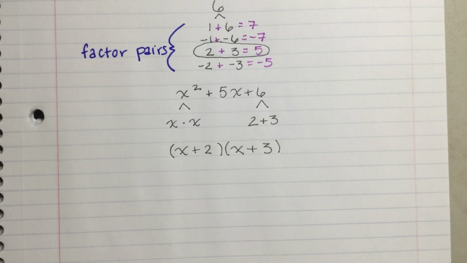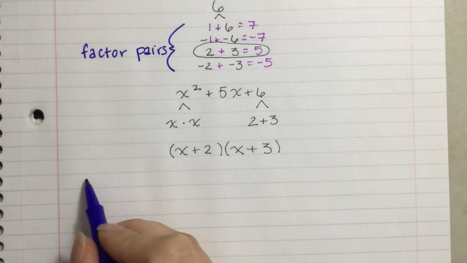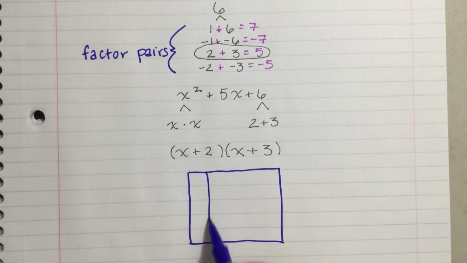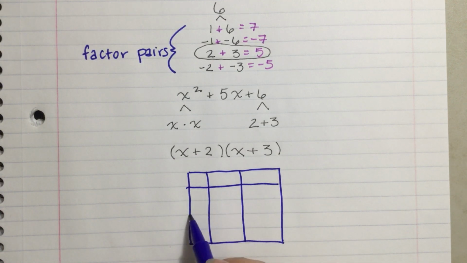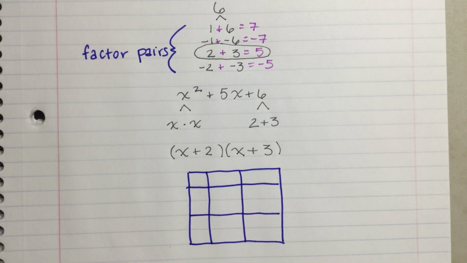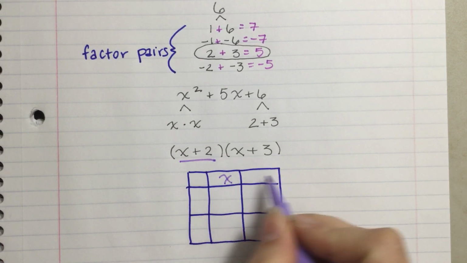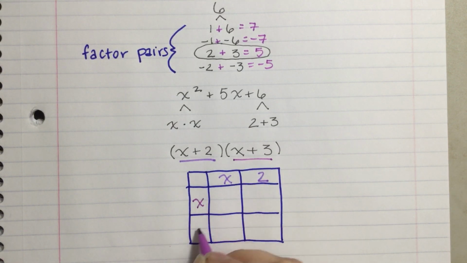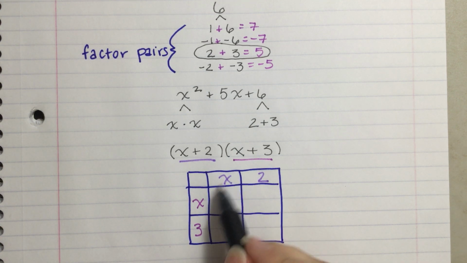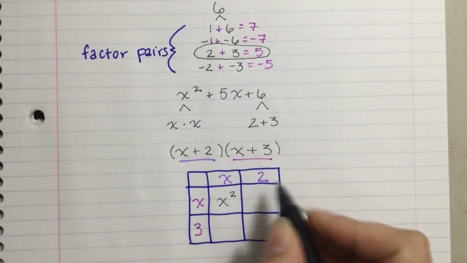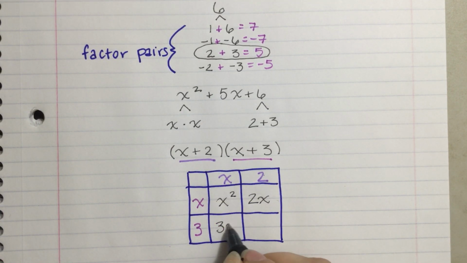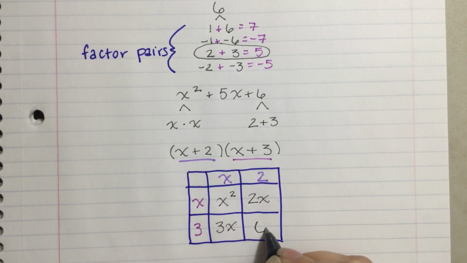But if I were to go back into my box, like we're going to go back to last week, and I place those in there, I say x plus 2 and x plus 3. If I were to then use my box to go backwards and I multiply back out, x times x is x squared, 2 times x is 2x, 3 times x is 3x, and 3 times 2 is 6.